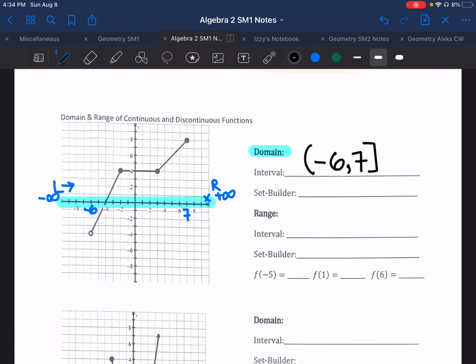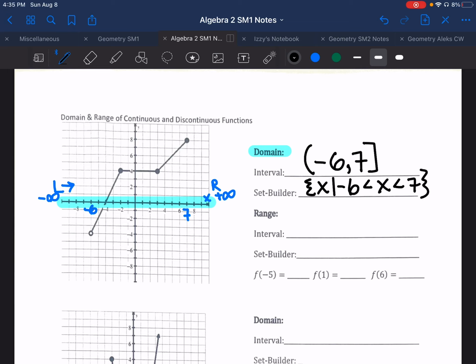For set builder notation, I'm going to do squiggle bracket x such that, so squiggle bracket x line, all the values of x such that, and since I have a number and a number, I'm going to make a compound inequality. -6 less than the variable x less than 7, close it up.